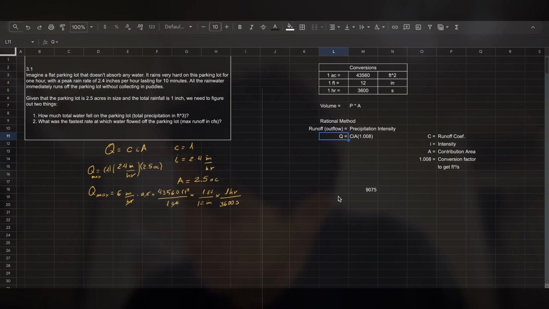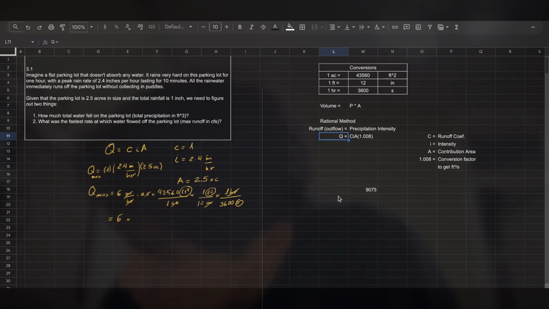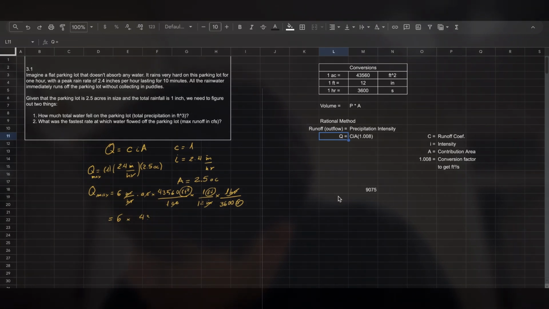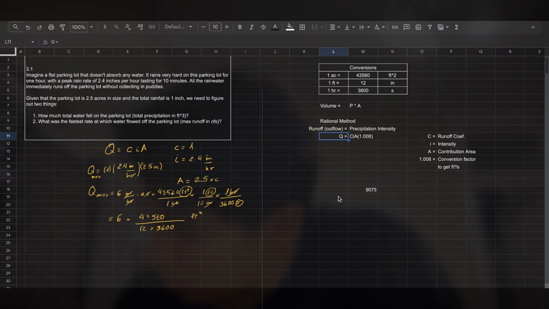So we can cancel hours, we cancel inches, and we're only left with cubic feet per second. We're gonna have 6 times 43,560 over 12 times 3600, and this is gonna be cubic feet per second, which is what we are being asked.